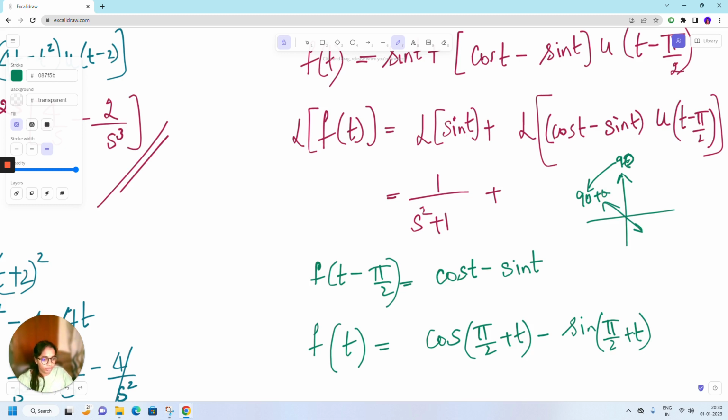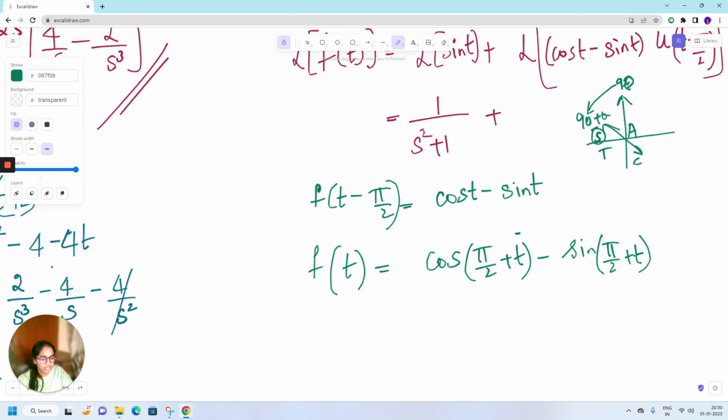And in the second quadrant, is cos positive? How do you check that? We use the A, S, T, C rule. Here only sine is positive. That is, only sine of 90 plus theta is positive. So I would get here minus sine t minus cos t.